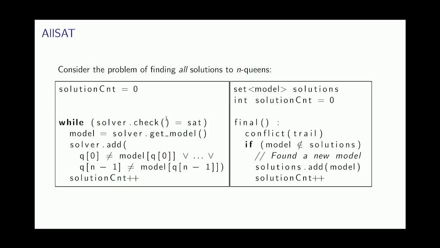However, we can do far better by using the user propagator. We just use the final callback. Whenever the user propagator gets reported that all Boolean variables are assigned, we just tell the solver no, that's not fine, all variables are conflicting, and we then increment the counter. This is more efficient as we never exit the real reasoning part; we just stay in our loop.